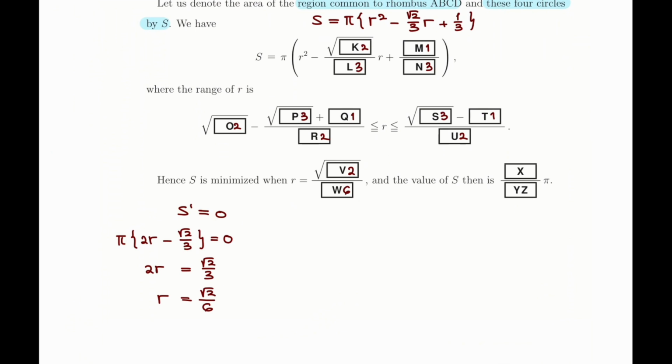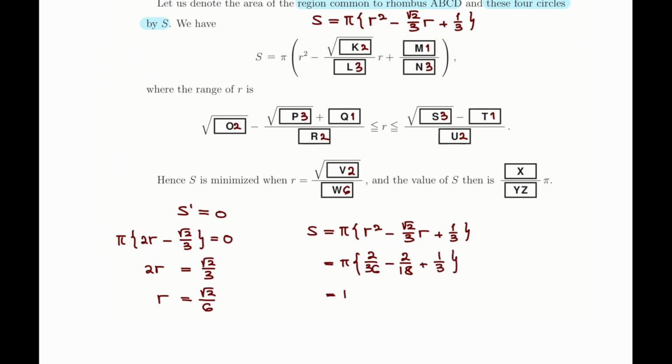And the value of S then is what we need to find. After you get r, you need to find S. Simply put your r into this equation. If you substitute your r, you will get S equals pi times (2 over 36 minus 2 over 18 plus 1 over 3).